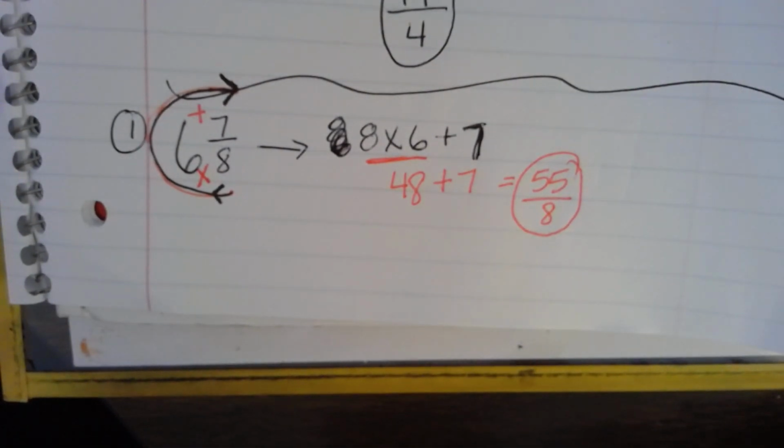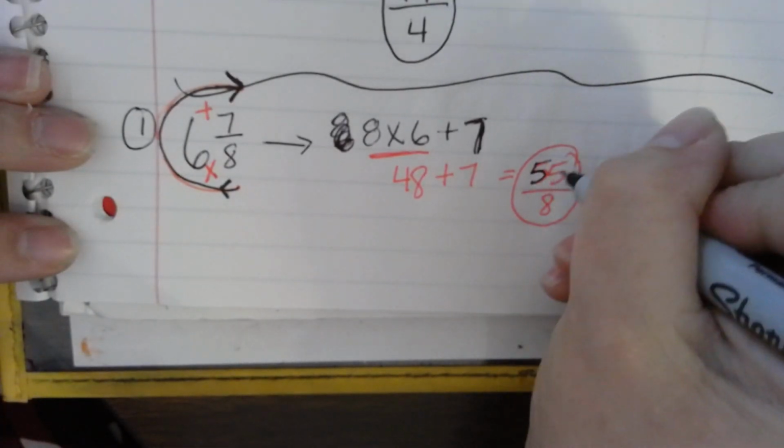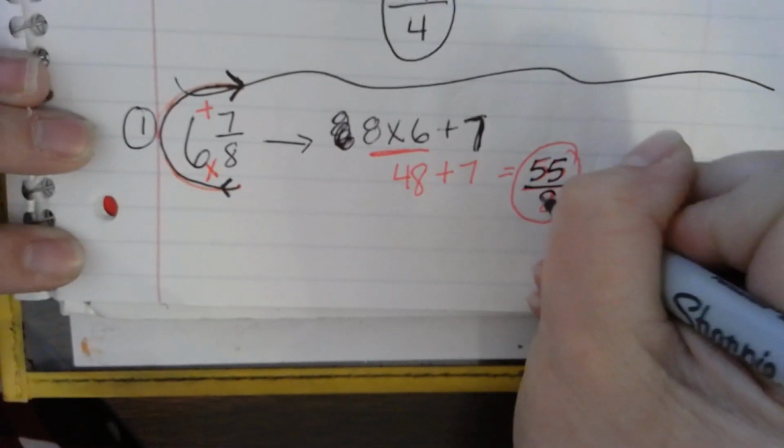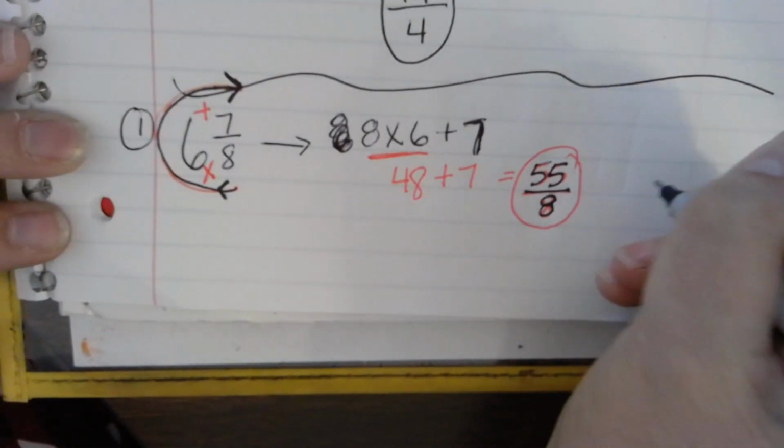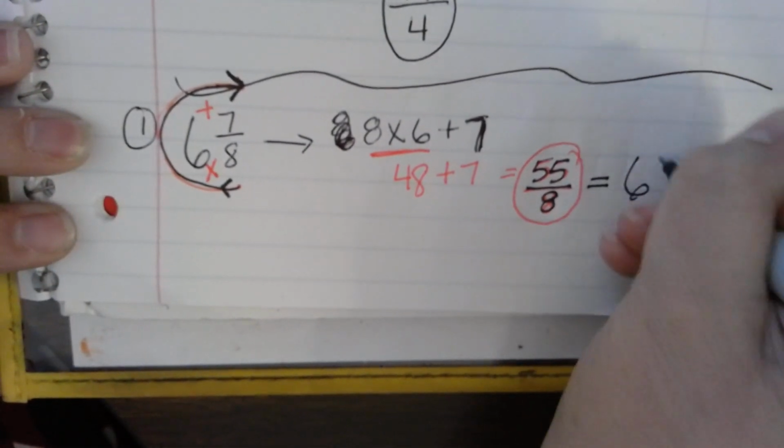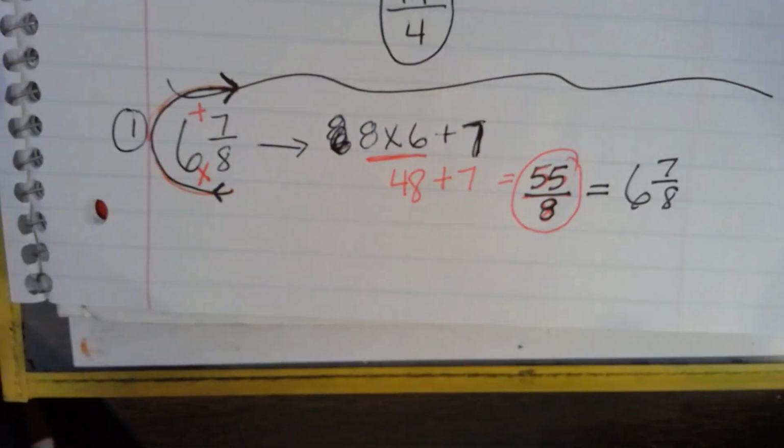All right. So our improper fraction will be 55 over 8, and it is equal to 6 and 7/8. They are the same. Finish writing that, and let's do another.